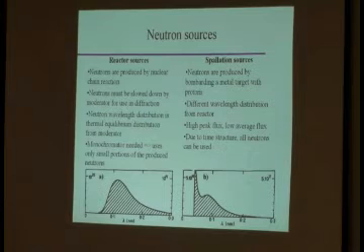A spallation source is a source where you take a metal target and you bombard it with neutrons. And what happens when you bombard the target, actually with protons usually, when you bombard it with protons, you eject neutrons out of the target. So what you get is a pulsed source. Whenever a proton pulse hits the target, you get a pulse of neutrons out.